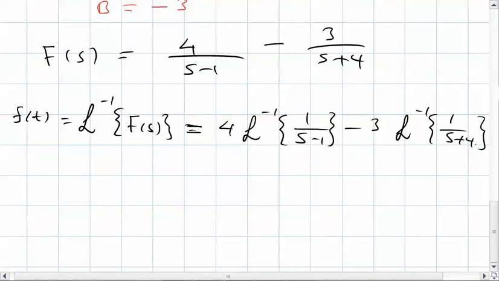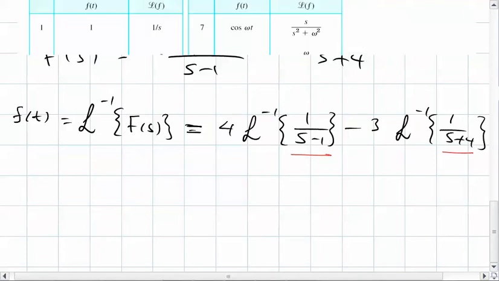So now the question is, can I find the two patterns I see here and here on the right hand column in the table that's in your book? So let me go to that page.